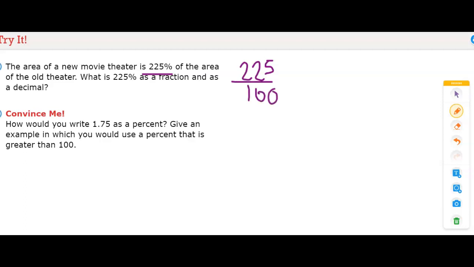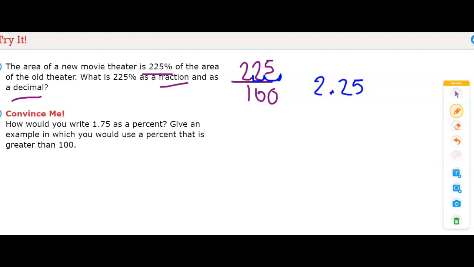As a decimal, you take your invisible decimal at the end here, and if you move it over 2 spaces, that will give you 2 and 25 hundredths as a decimal. That's the simplest way to go about doing that.